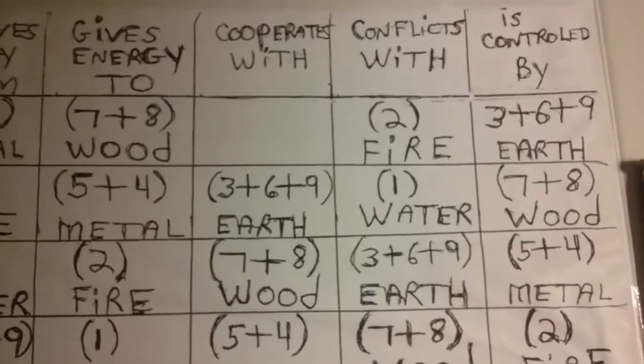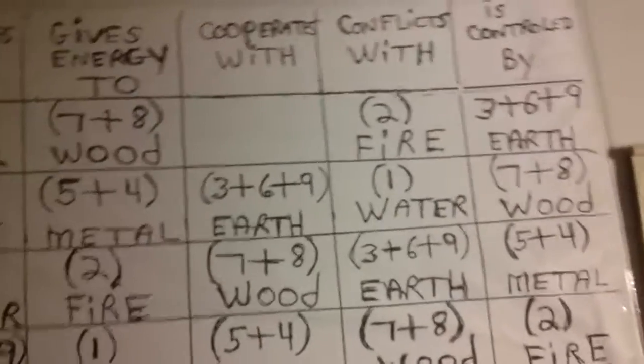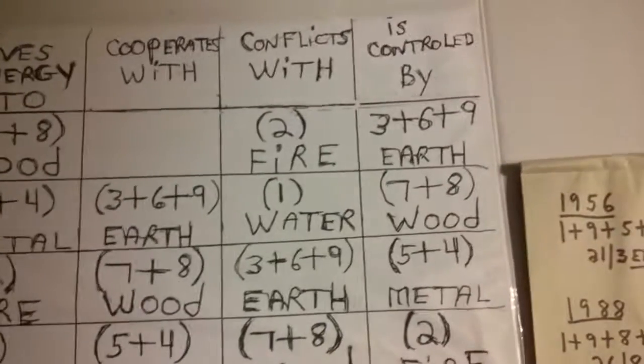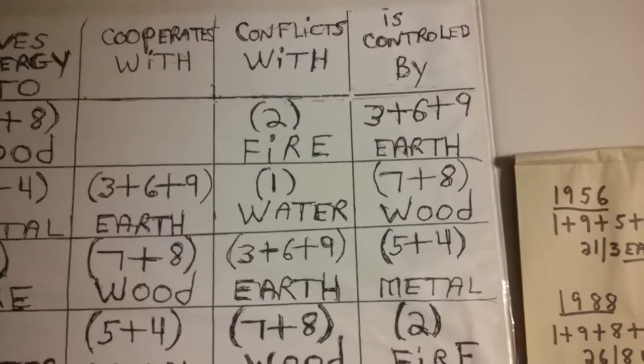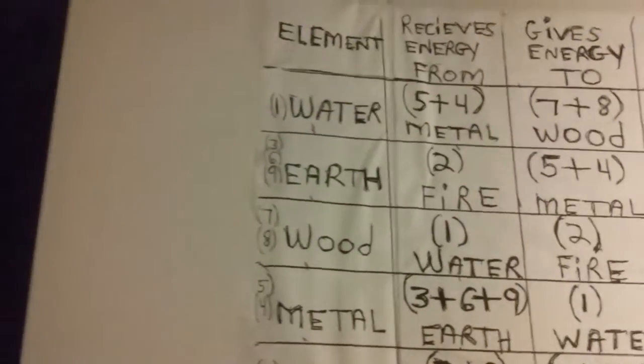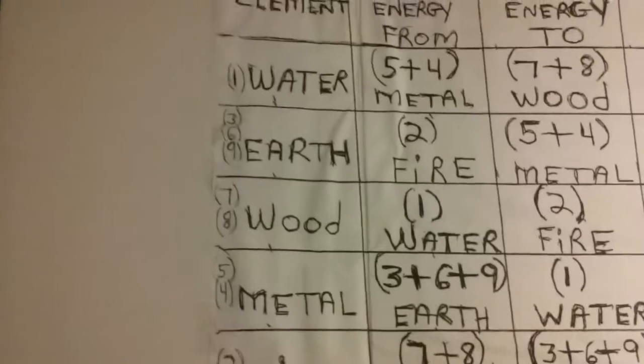And it conflicts with water because the earth contains water, like with lakes and so forth, and it's controlled by wood. In other words, when you have trees, the roots go into the earth and it controls the earth.